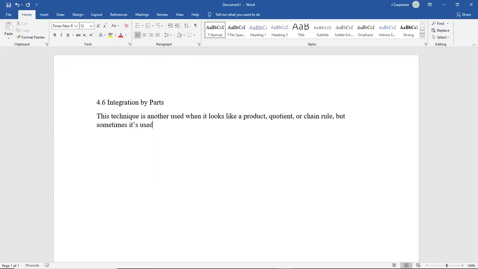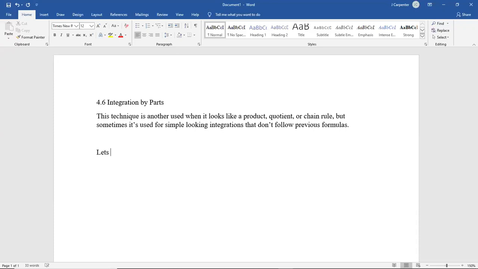Sometimes it's used for simple looking integrations that don't follow previous formulas. What we're going to do is the proof of this. It's not the prettiest thing in the world, but we're going to do it.